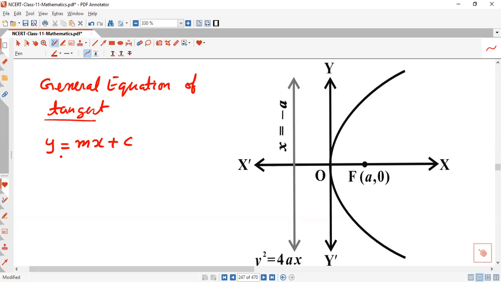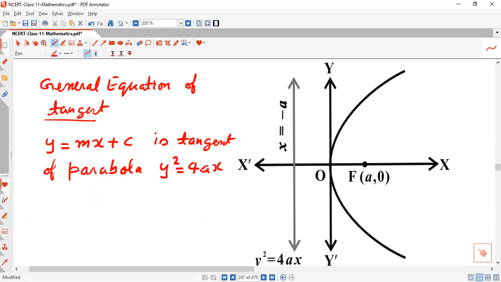And this line y equal to mx plus c is a tangent of the parabola y square equal to 4ax if and only if c equal to a by m.